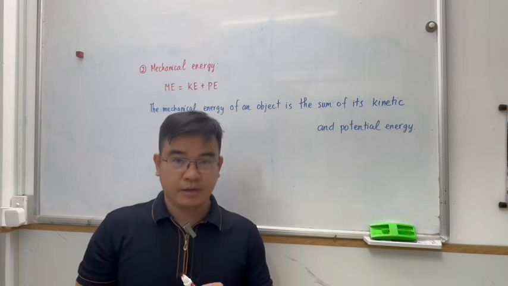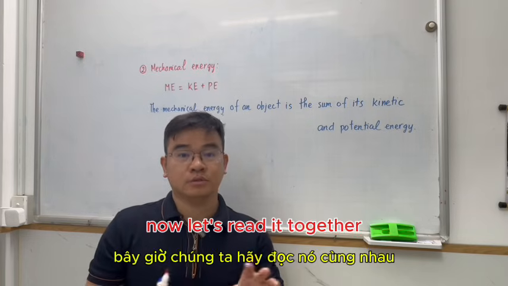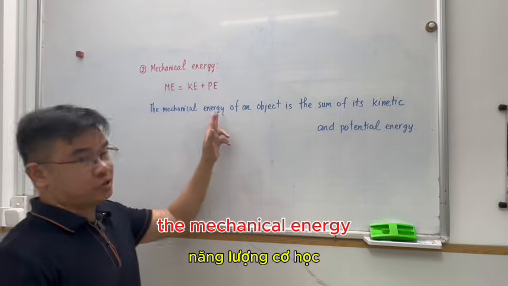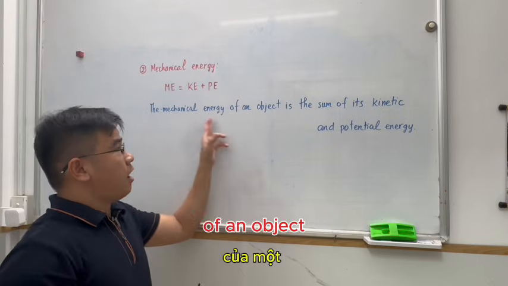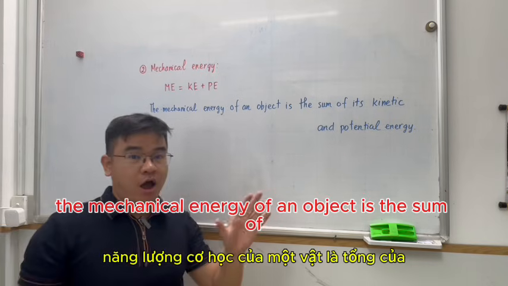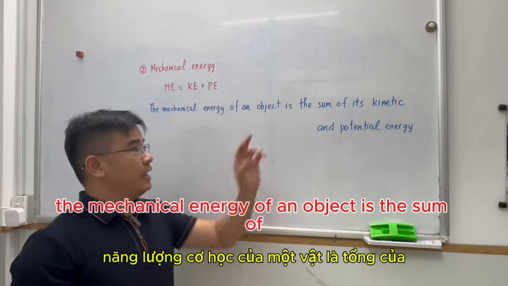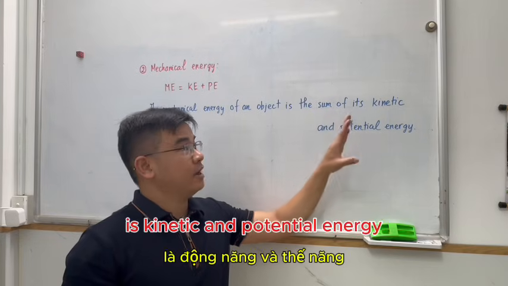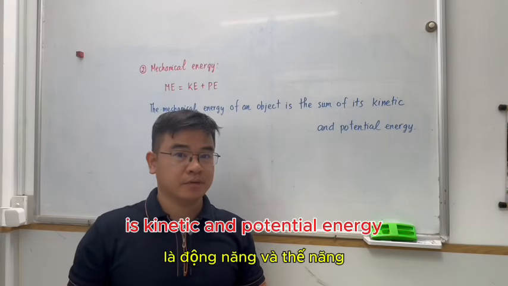Okay, now let's read it together. The mechanical energy of an object is the sum of its kinetic and potential energy.